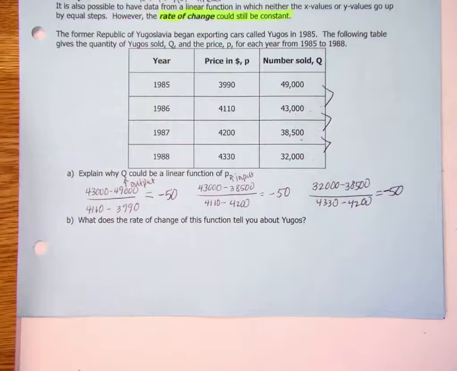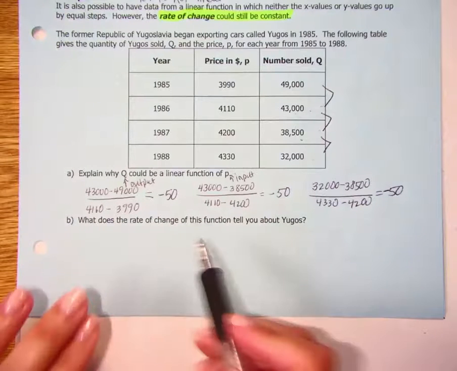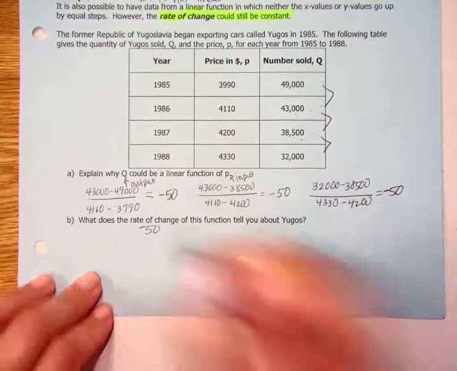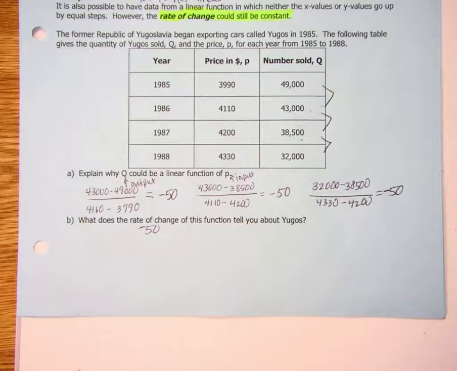Now, the question that we have next: what does this rate of change of negative 50 tell you about these cars? What does that negative 50 mean in this problem? Talk with your table for a minute.